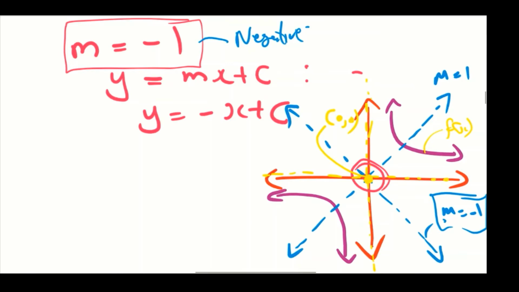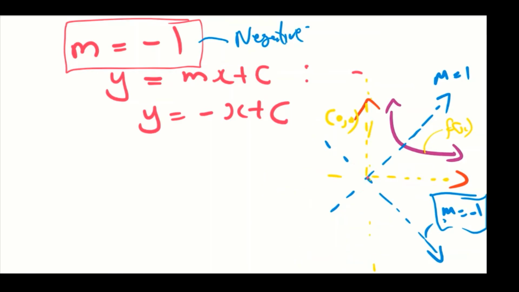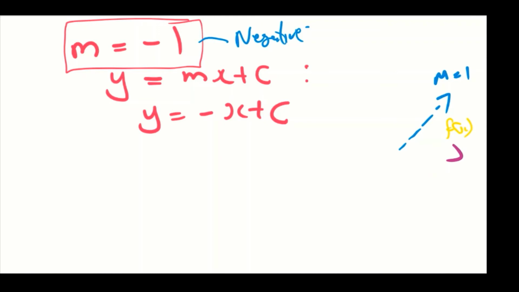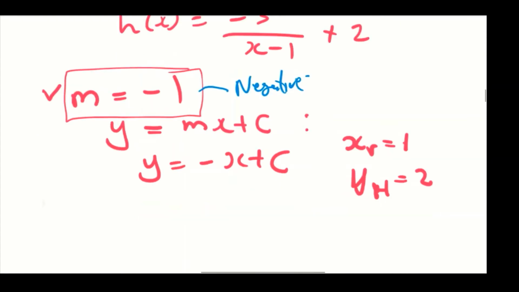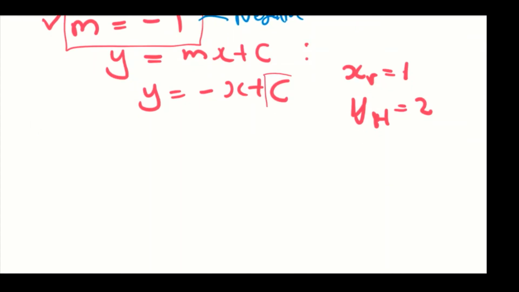So now going to our question that we are given. We now know that because we're talking of a negative axis of symmetry, the gradient is supposed to be -1, right? So we just indicated that it's -1, fine. So now we need to use the point. We have our asymptotes: our vertical asymptote equal to 1, our horizontal asymptote is equal to 2, right? So we're going to use that as a point to find the value of c here.